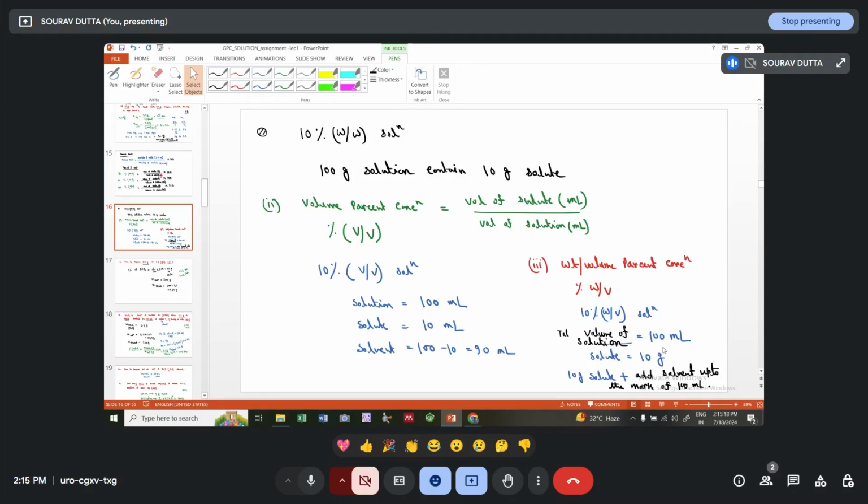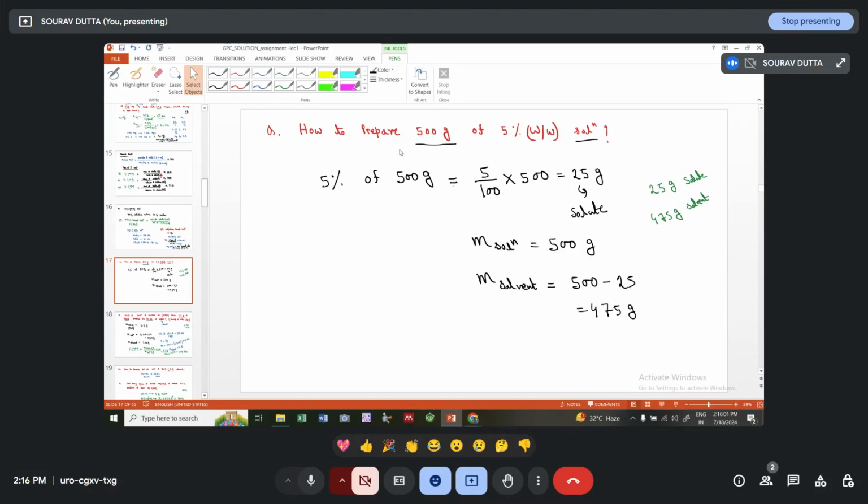So you can do it this way: take 10 gram of solute in a 100 ml volumetric flask, then add water or other solvent up to the mark, or take a measuring cylinder where the mark is given, add the 10 gram of solute to it, and then add solvent up to the mark. But never add 100 ml solvent to this solution, because 100 ml is not the volume of the solvent here. This is the volume of the solution, that means solute plus solvent.